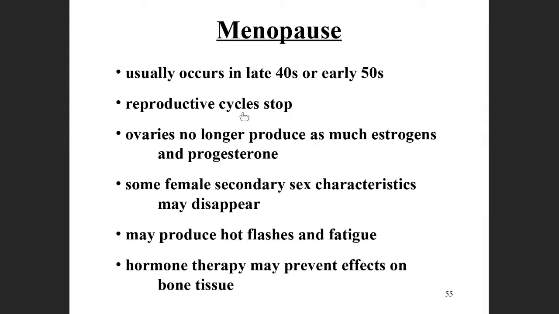So we know that when a woman reaches menopause, her ovary is not working anymore, with reduced levels of estrogen and progesterone. Maybe some of the secondary characteristics will disappear, but sometimes they may not. Definitely not as much fat tissue in the buttocks or the breast. Hot flashes are very common, probably due to the lack of hormone.